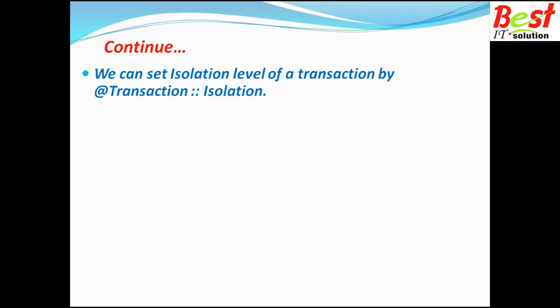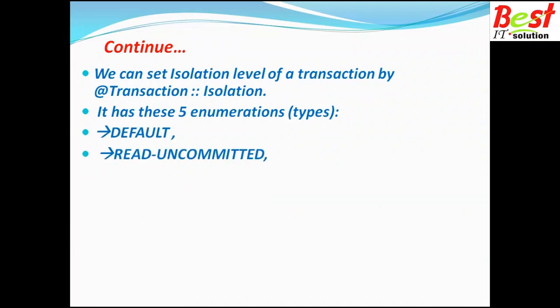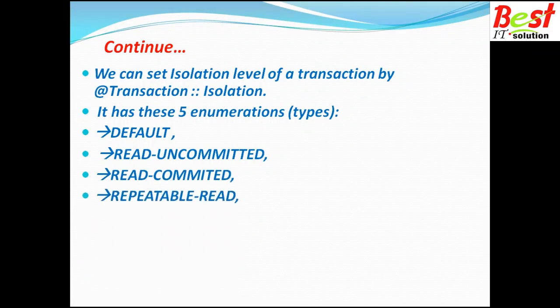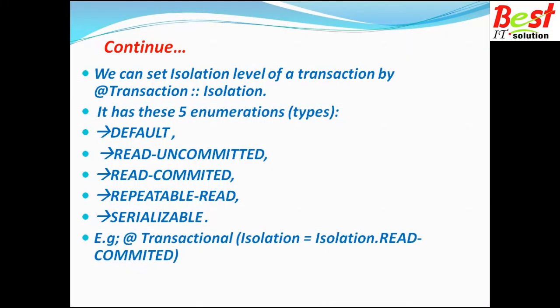We can set the isolation level of a transaction by Transactional isolation. It has five enumeration types, like propagation: DEFAULT, READ_UNCOMMITTED, READ_COMMITTED, REPEATABLE_READ, SERIALIZABLE. We mention it as @Transactional(isolation = Isolation.READ_COMMITTED) or Isolation.READ_UNCOMMITTED.